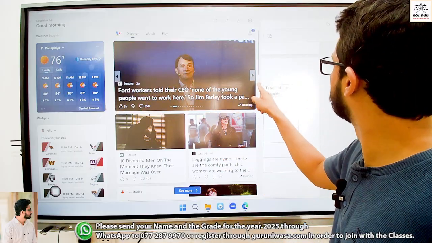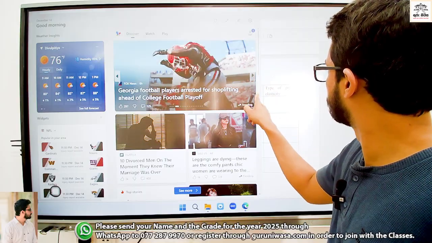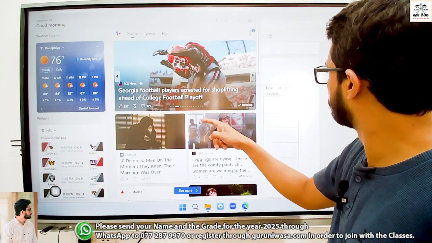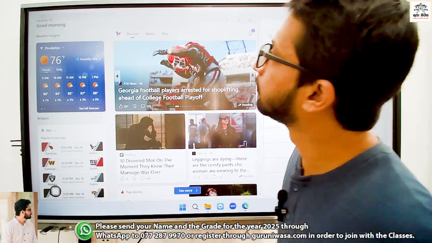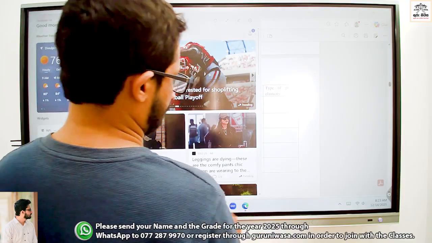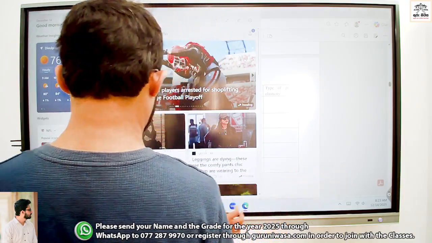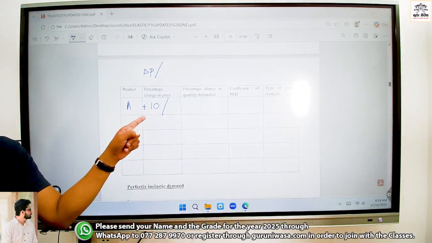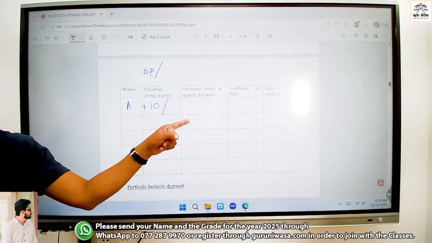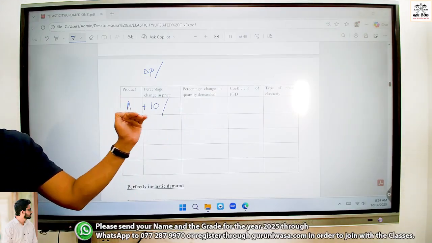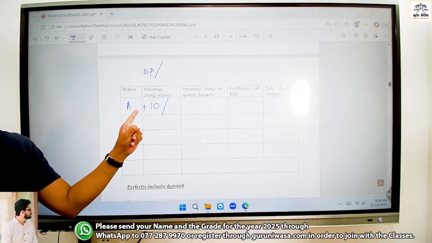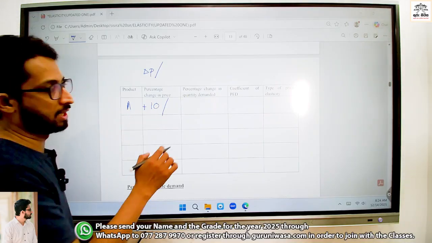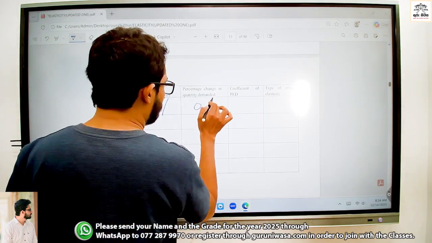Percentage change in price is 10%. Assume that though price increases for product A, quantity demanded doesn't change. This is the most important one.